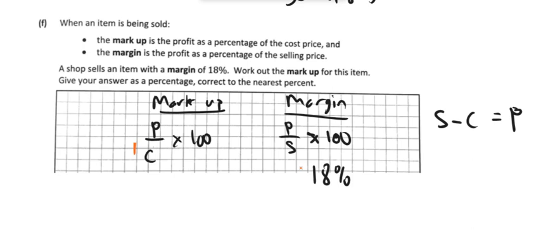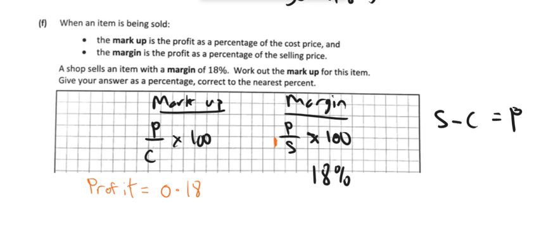You could use 10 or you could use 100 for the cost price if you want, okay, but if it's 1, well then the profit has to be 18 cent. So it's actually the margin really that we're letting, so it's the selling price really. Yeah, it's the selling price that we're letting be 1, and then the profit would have to be 0.18.